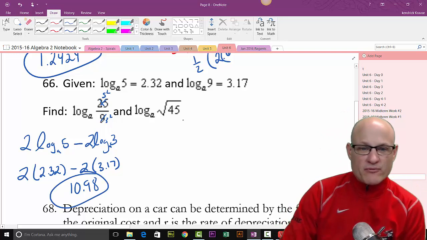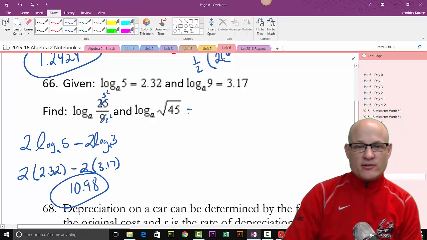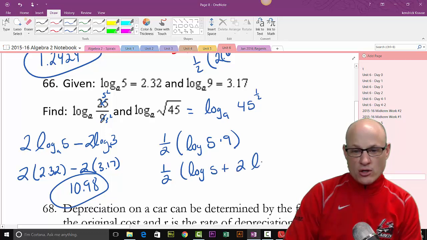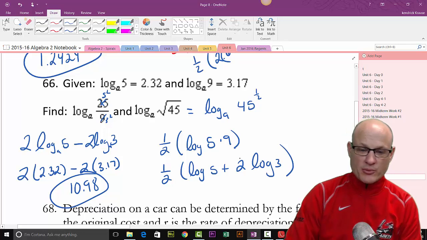All right, now how am I going to do 45? Well, this is the same as log a of 45 to the 1/2. So that's the same as 1/2 times the log of 5 times 9, which is the same as 1/2 times the log of 5 plus 2 log 3. Now, why 2 log 3? Well, this should be 3 squared, but we'll bring the 2 out front.